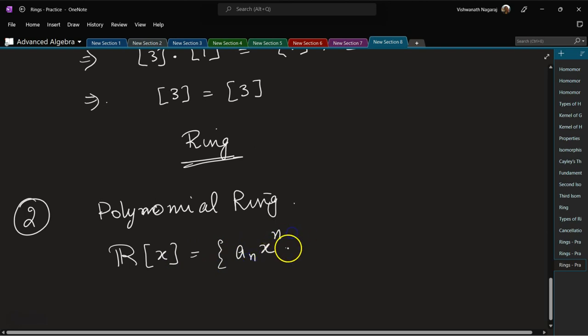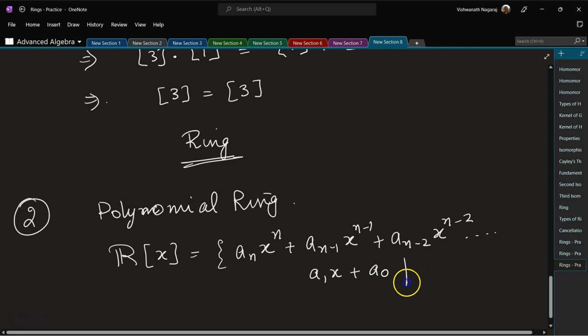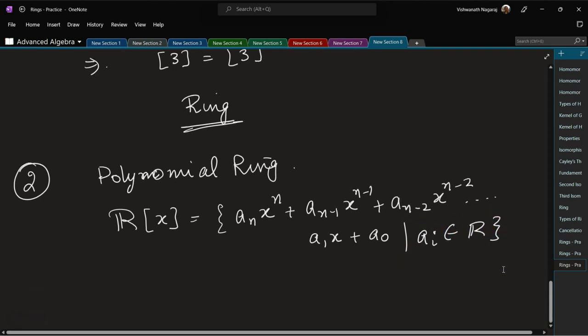Okay, so x to the power of n plus a n minus 1 x to the n minus 1 plus a n minus 2 x to the n minus 2 and so on till a1 x plus a naught, where ai belong to the set of real numbers. Okay, so let us say our ring is R of real polynomials under addition and multiplication.